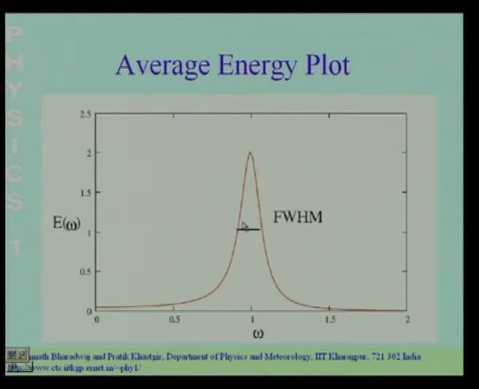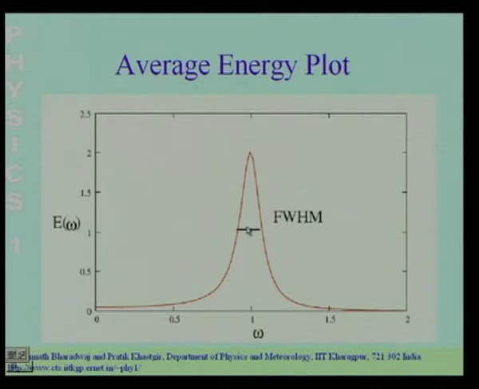And now the question is, how much do I have to change the frequency so that the value of the curve falls to half the maximum value? In this case half the maximal value corresponds to 1. So, how much do I have to move away in frequency from the position where the maxima occur so that the value falls to 1?